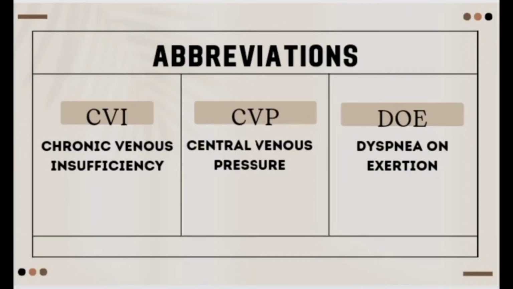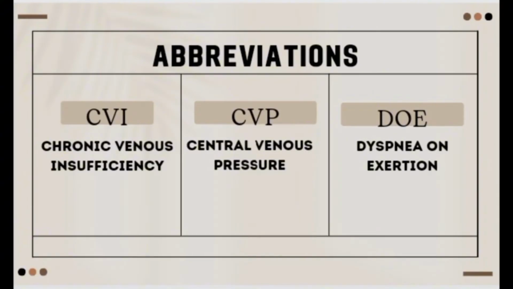CVP is an important indicator monitored in medical settings, providing insight into a patient's fluid status and cardiac function. It reflects the amount of blood returning to the heart and the ability of the heart to pump blood into the arterial system.